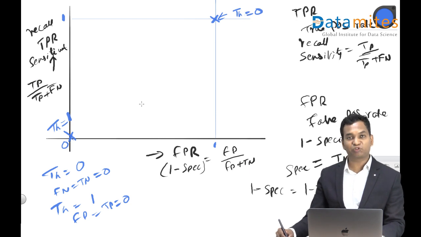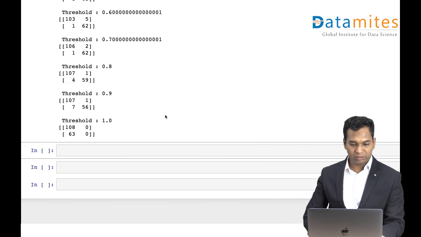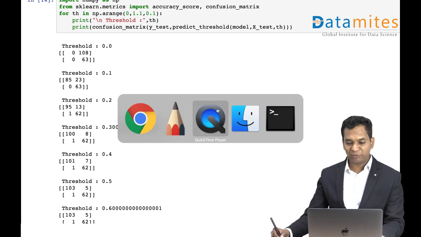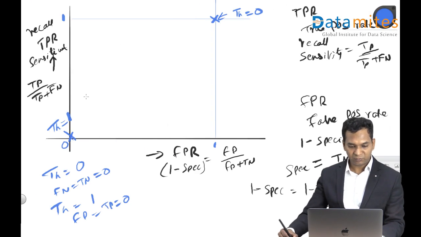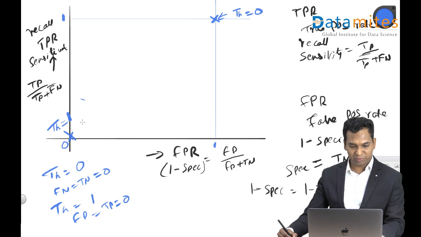When you vary the threshold from 0 to 0.1, 0.2, 0.3, 0.4, you will get different points at different levels. It won't be a straight line like this, it will usually be something like this curve. Let's say this is 0.1.